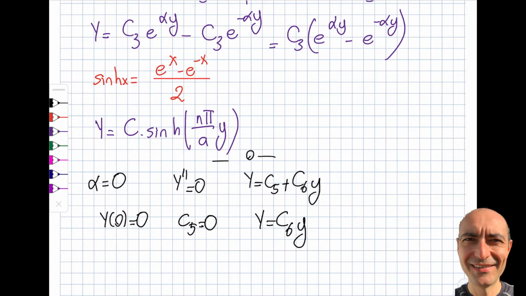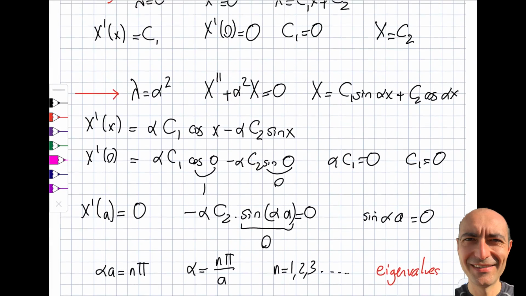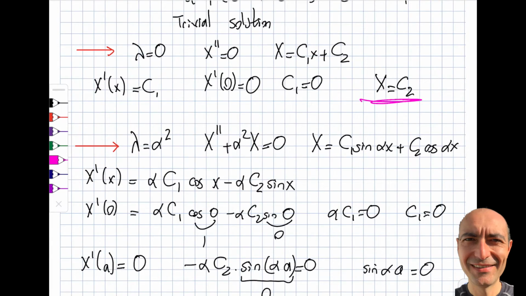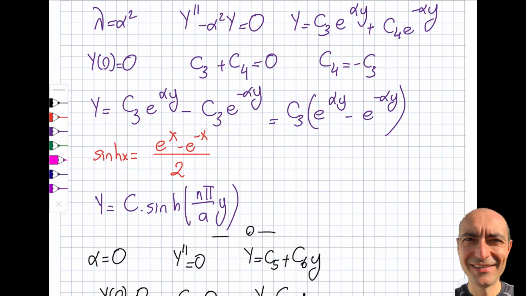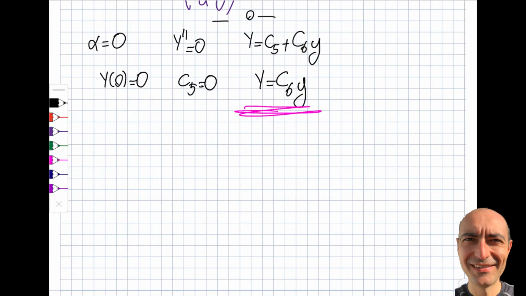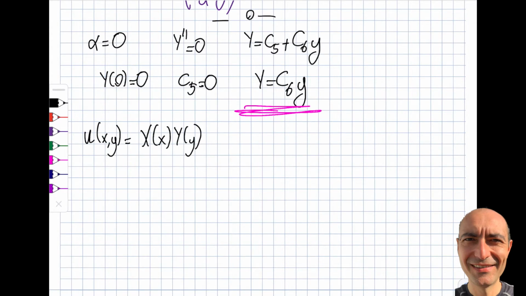This is the extraction. Actually, let me underline this. And let's go over here. Where is it? Somewhere in the right here. This is. So the solution that I have, u, is X times Y, right? U of x comma y will be X of x times Y of y. So the X was c2 times, and Y is c6 y.